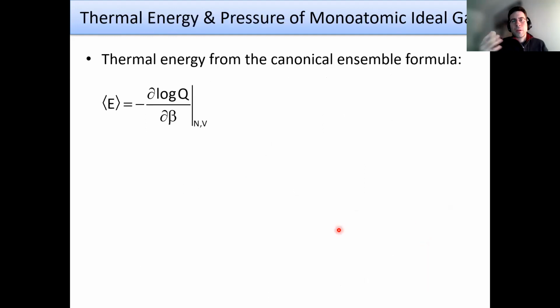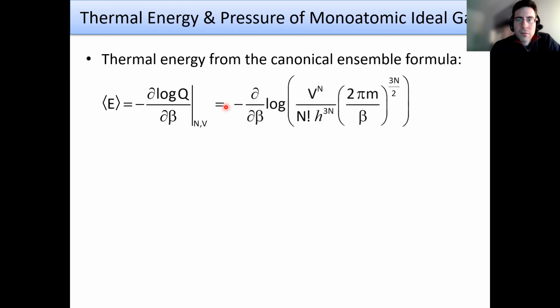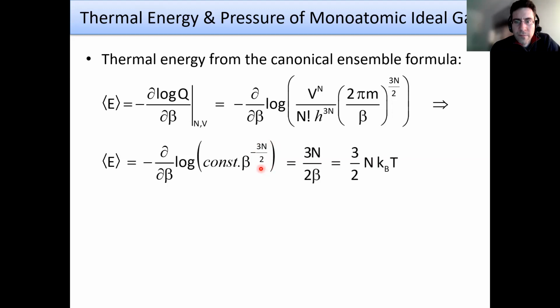Well, we can try to first of all calculate the thermal energy from the canonical ensemble formula, which was this thing here. So again, a bit of math. And in the end, I'm going to get this equation here, right? So the thermal energy is equal to minus the derivative over inverse temperature of log of a constant times beta to the minus 3n over 2 power.